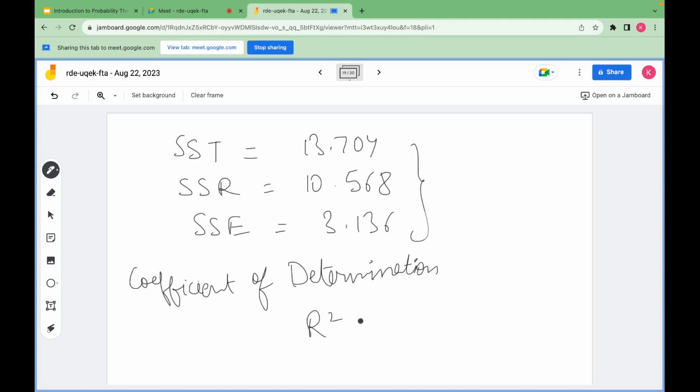This is r square. This is nothing but the difference between the predicted value divided by the actual value.